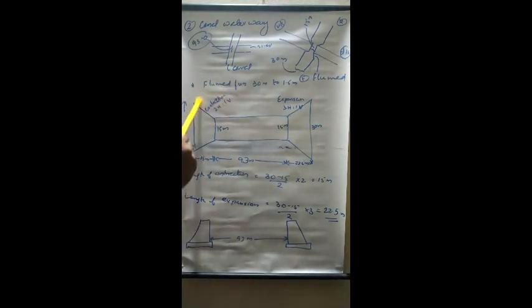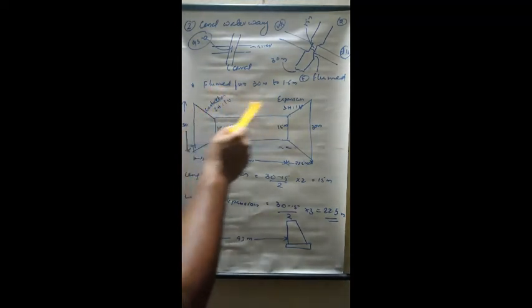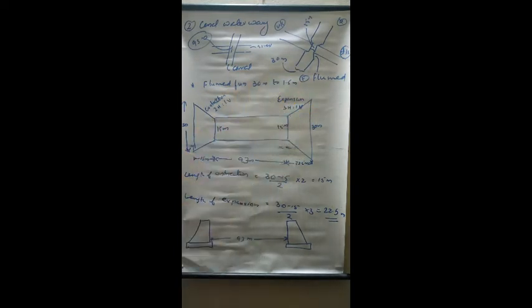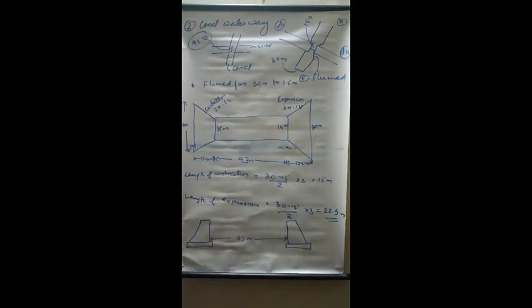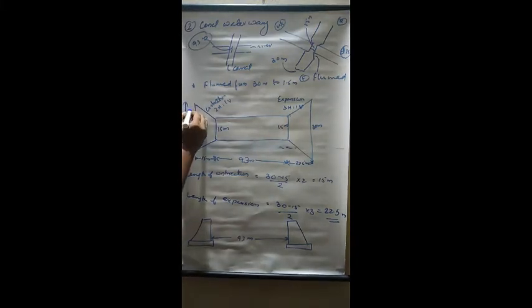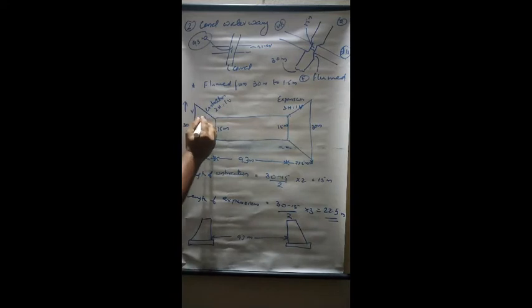So let's see how we are contracting and how we are expanding the canal. The canal is contracted from 30 meter to 15 meter, as we said. And the slope we are providing is 2 horizontal to 1 vertical. So this portion is taken as vertical and this portion is horizontal.